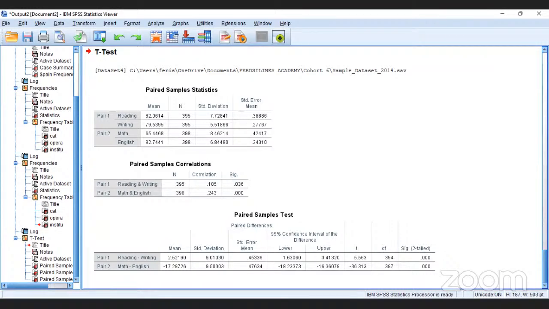The difference between 82 and 79 gives us this figure. We have our variation, then we have our upper and lower limits. We have our t value, and we have our probability.